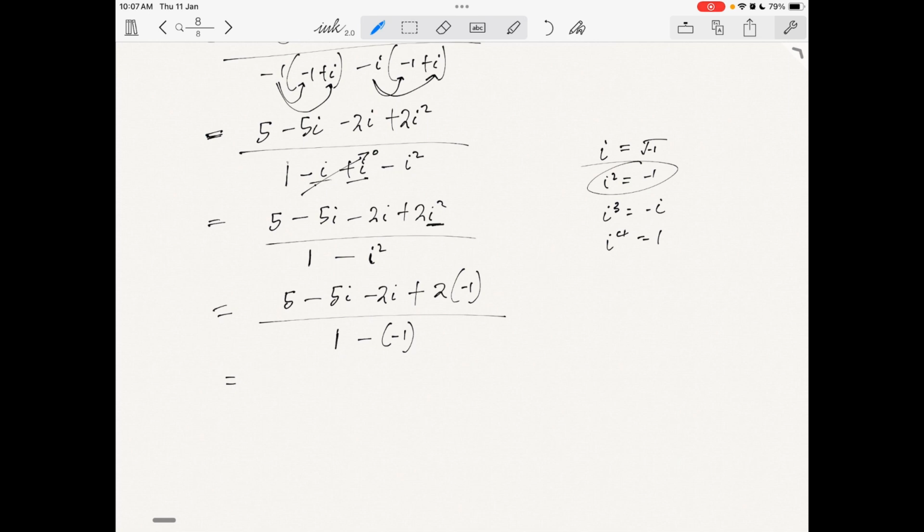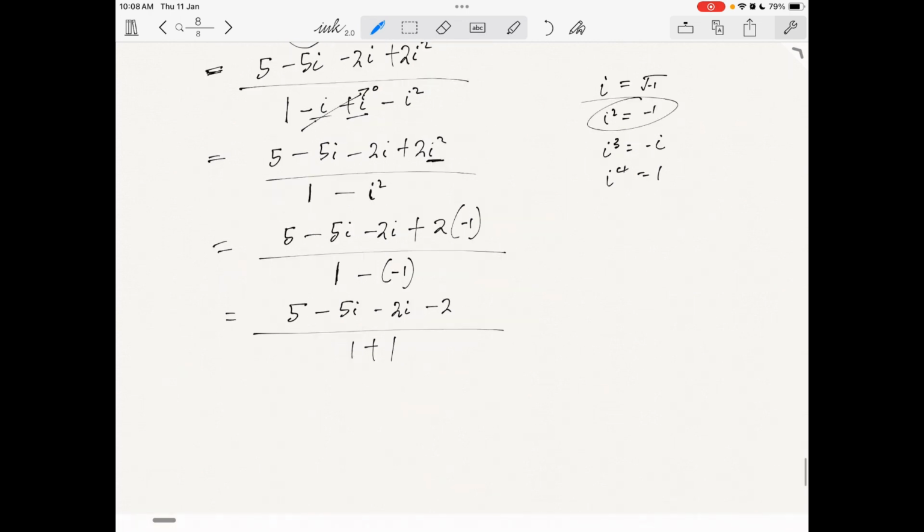Okay. 1, 1, 1. So 5 minus 5i minus 2i. 2 multiplied by minus 1 gives us minus 2. And this will give us 1 plus 1. Okay, so we collect like terms, bring the real parts together and bring the imaginary parts together.